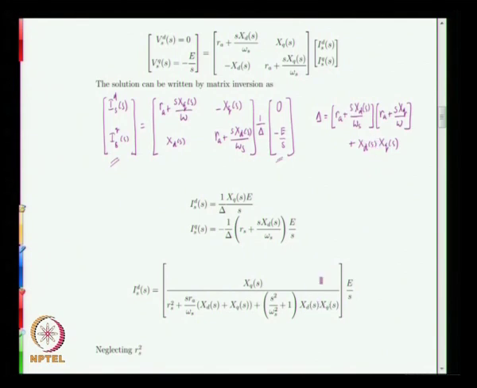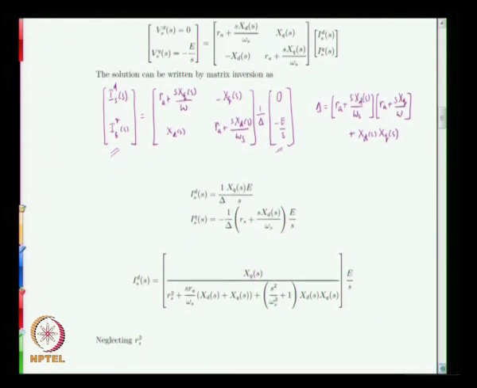So if you take that out, you have s square by omega squared plus 1 for this xd xq multiplied by this term, and then you have E by s, that is here, xq is present in the numerator.